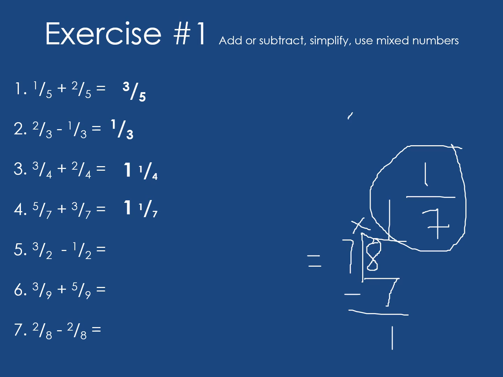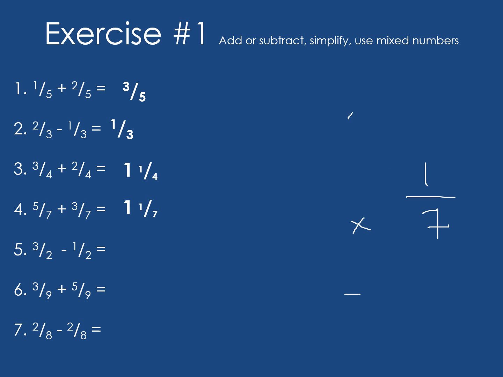Okay, next, number 5. What is your answer in number 5? This is subtraction, 3 halves minus 1/2. What is your answer? 1.